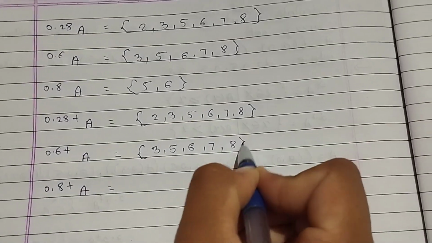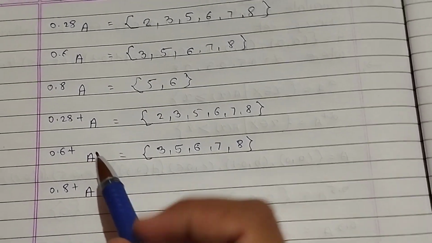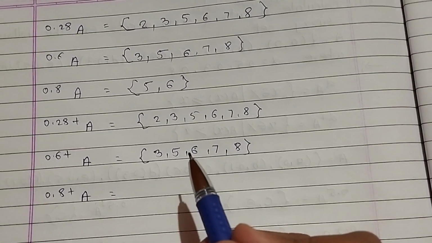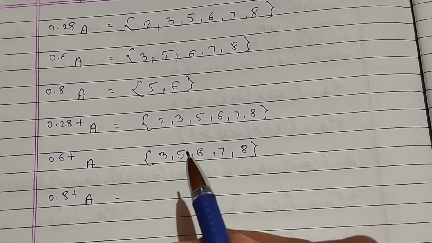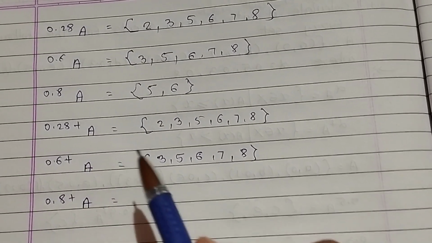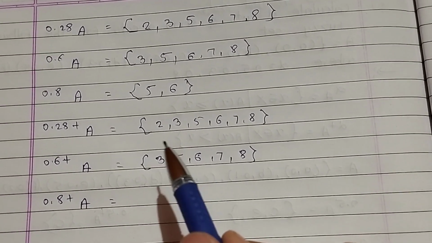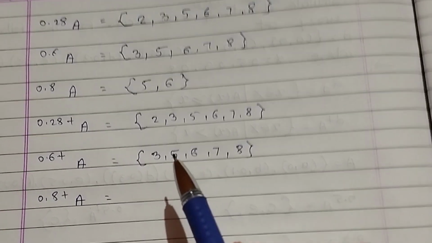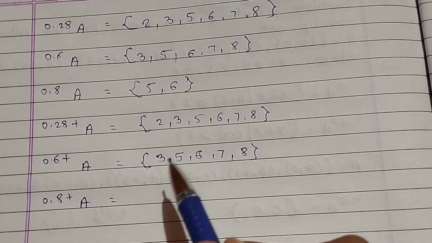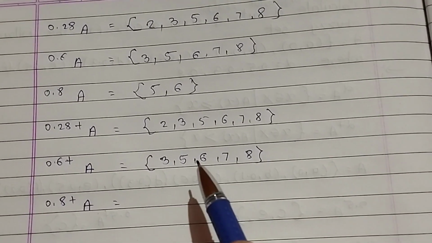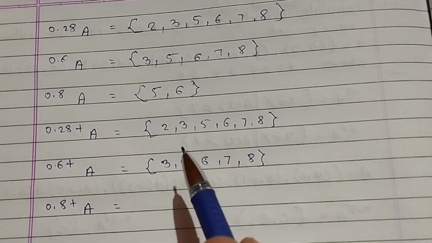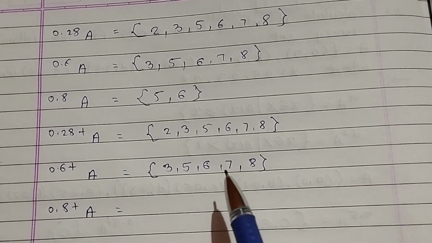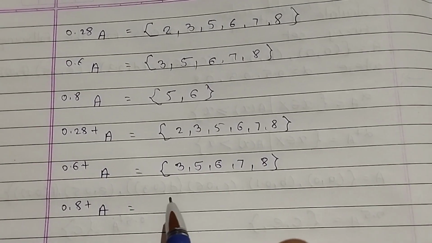And if this value is present anywhere, then we only skip those elements of x and write the remaining as they are. Let's suppose 0.6 is present at 5, meaning the set has 0.6 divided by 5. At that time we skip 5 and write all the remaining elements as they are, because we don't want equal to the value but greater than 0.6. So this is simple.